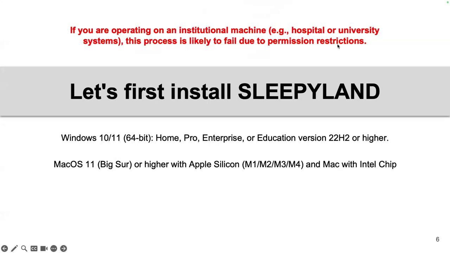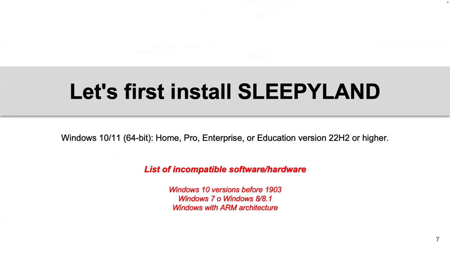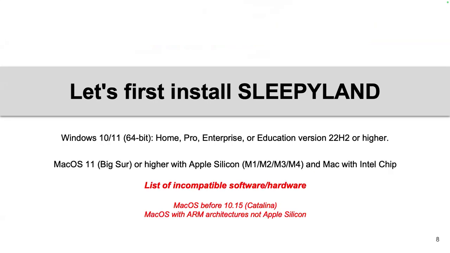So if we experience these kinds of problems, let's try to solve them in the chat. Here I'm reporting a list of incompatible software and hardware in Windows and also in Mac. But if you have a recent version of Windows, or a recent version and hardware of Mac OS, you should not have any problem, because it's all about the installation of Docker Desktop.